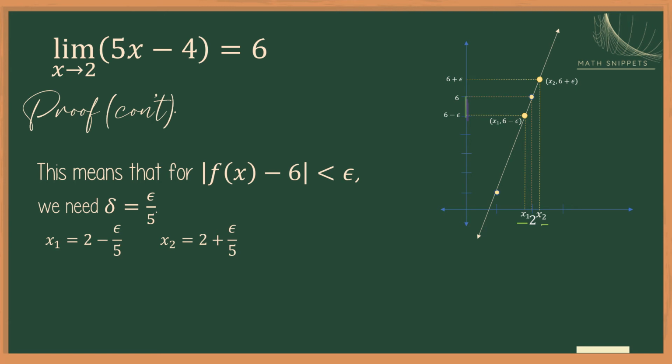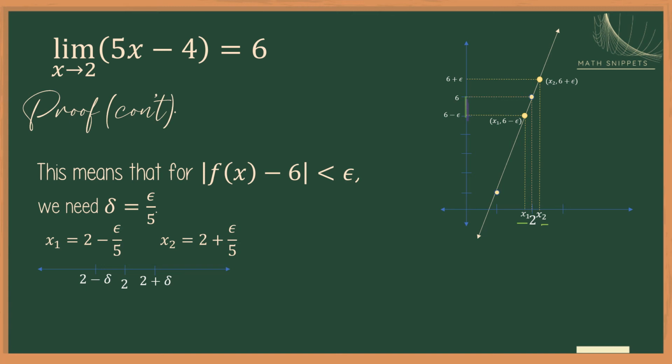So our delta must have a distance. Okay, so we pick x values within the distance of 2 minus delta to 2 plus delta. Since x sub 1 and x sub 2 would be the widest endpoints of the interval, the interval must be from 2 minus delta to 2 plus delta, and we can pick any value for x within this interval.